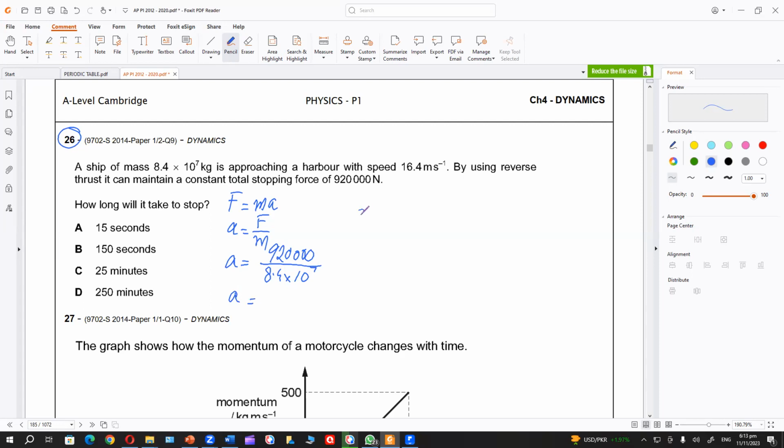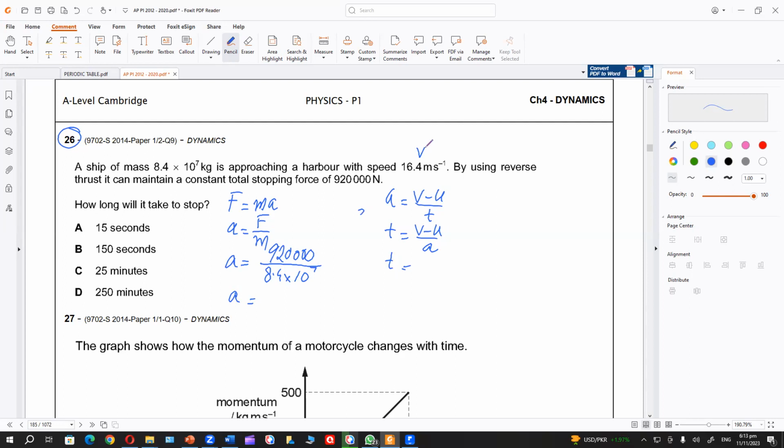We first find the acceleration, and then after finding the acceleration, we can use the formula a equals v minus u upon t. So t is equal to v minus u upon a.